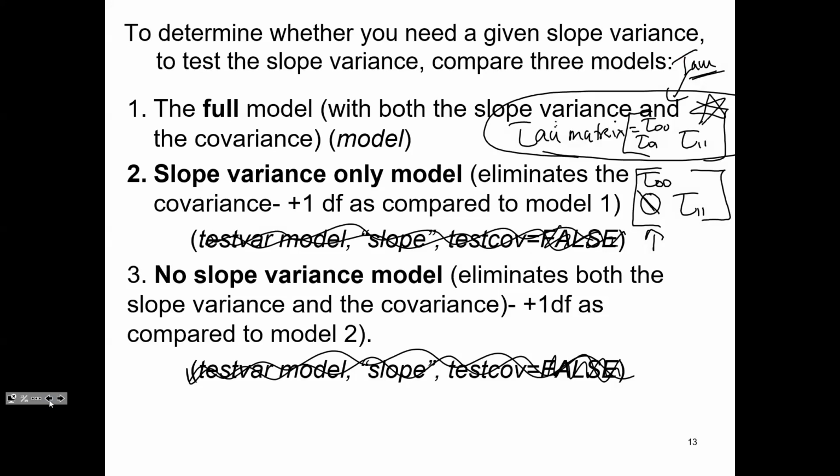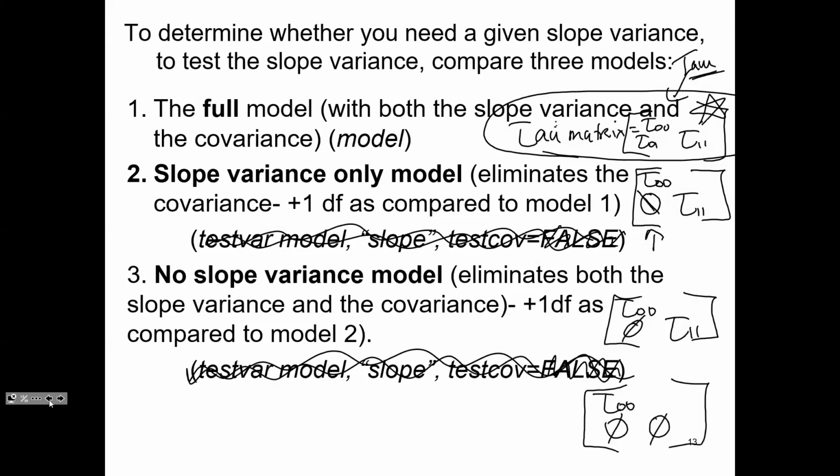The 2 alternative models that I'm going to fit are a model that does not have a covariance but still has an intercept variance, and a model that has neither. These are the three possible models that I'm interested in, right?